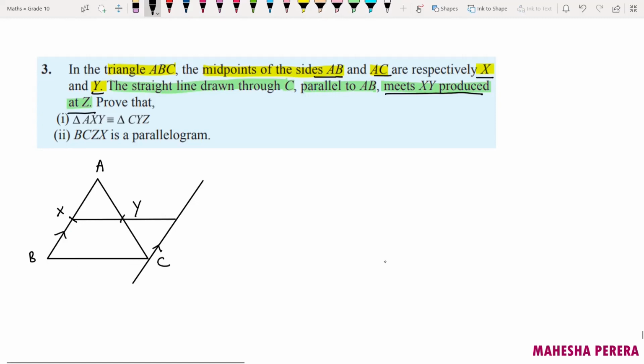And this is Z. Prove that triangle AXY is congruent to triangle CYZ. Right. So where are these triangles? AXY, XY is here, right? Then CYZ, right? It's over here.